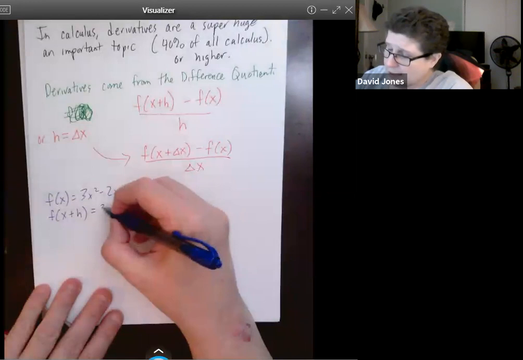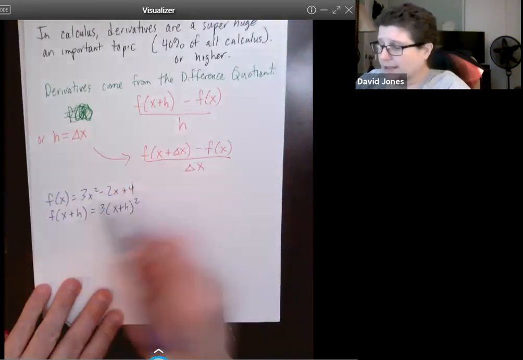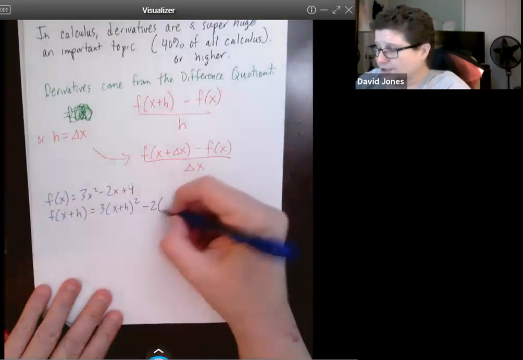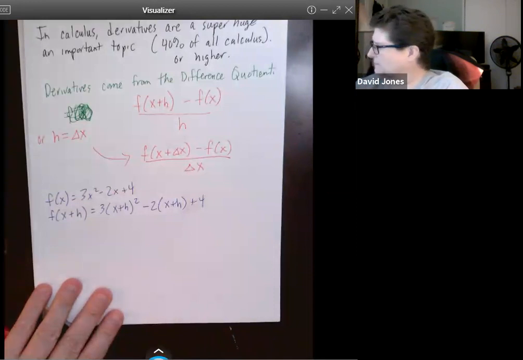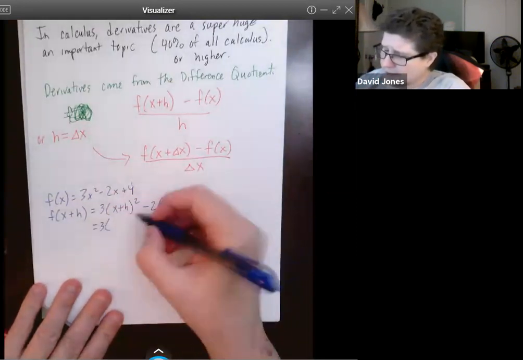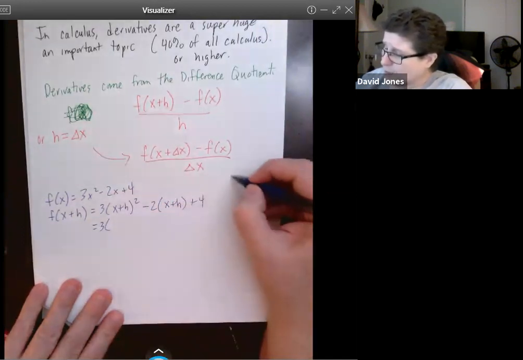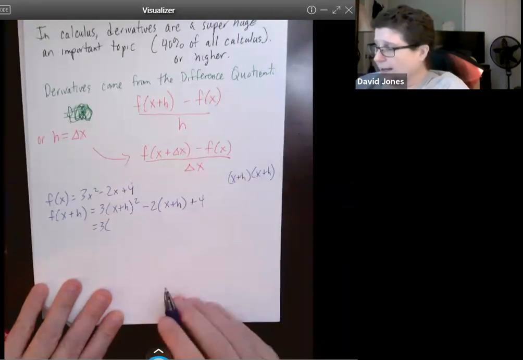So I need to do 3 times x plus h squared. Everywhere I have an x up here, I'm going to plug in x plus h. Minus 2 times x plus h plus 4. This becomes 3 times, remember that is x plus h times x plus h. And you've got to multiply it out.